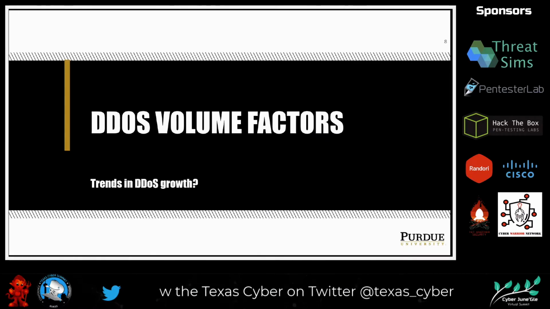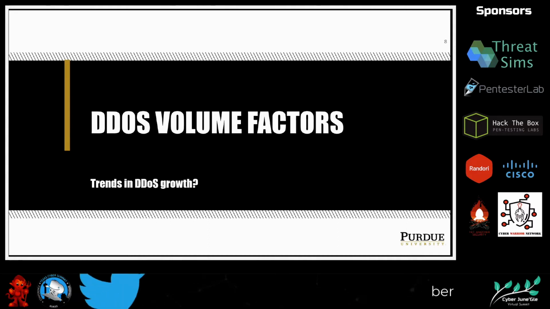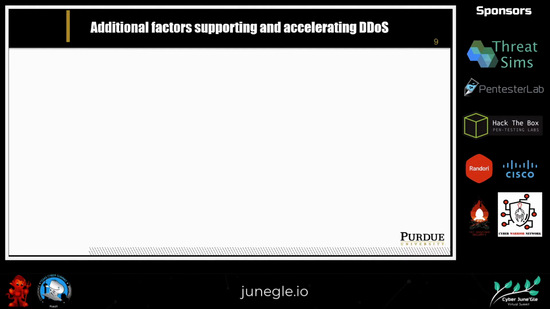Okay, so why are we seeing so much DDoS lately? Is it just marketing or is it objective? Well, there's a couple of things that are going on right now. First, we have Moore's law.